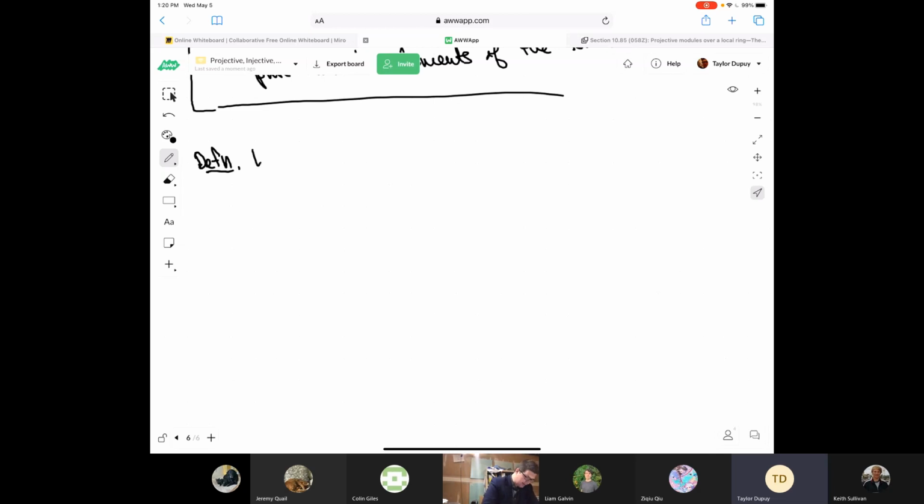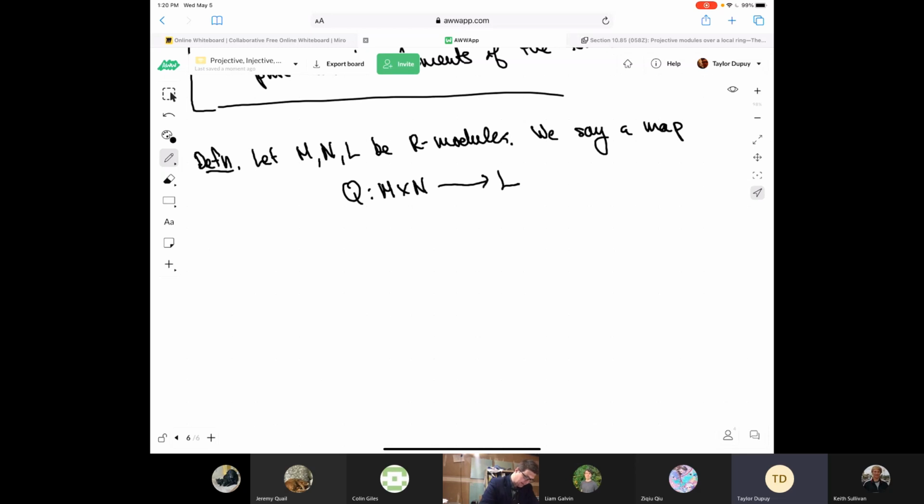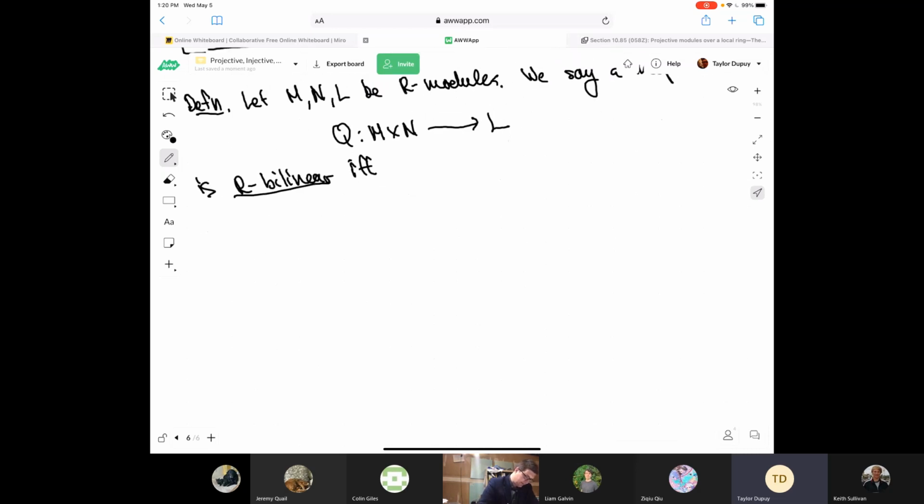Let M, N, and L be R-modules. We say a map Q from M cross N to L is R-bilinear if and only if it's linear in the first and the second components.